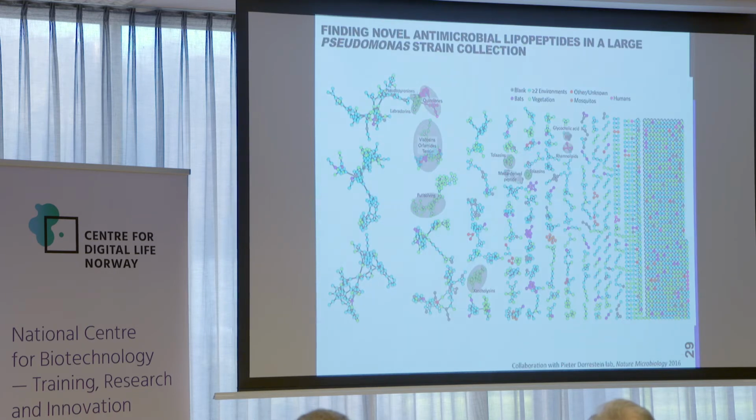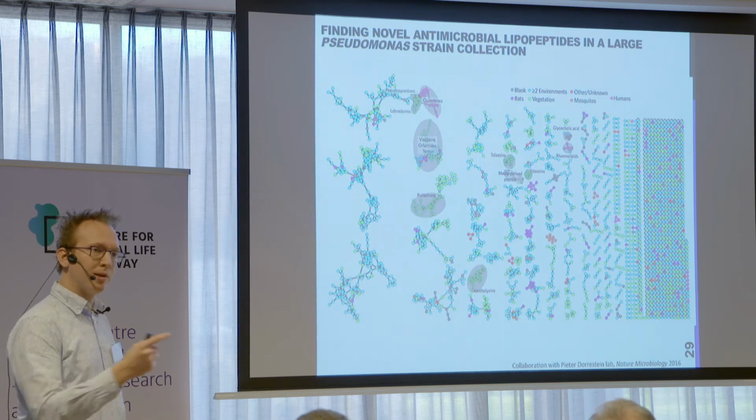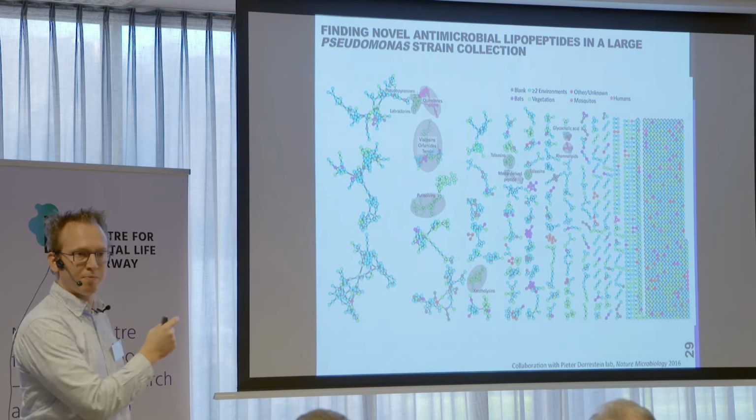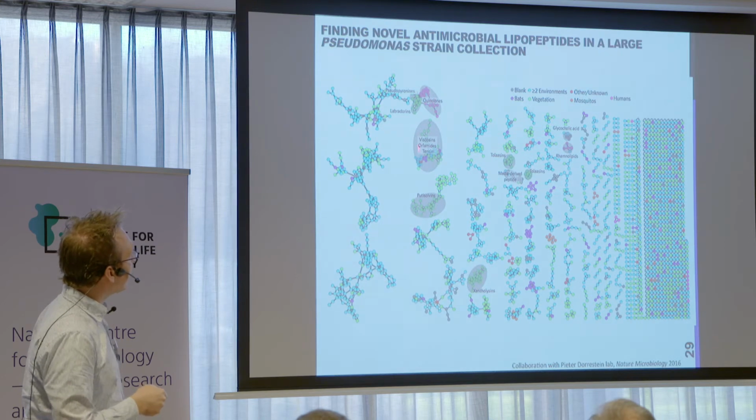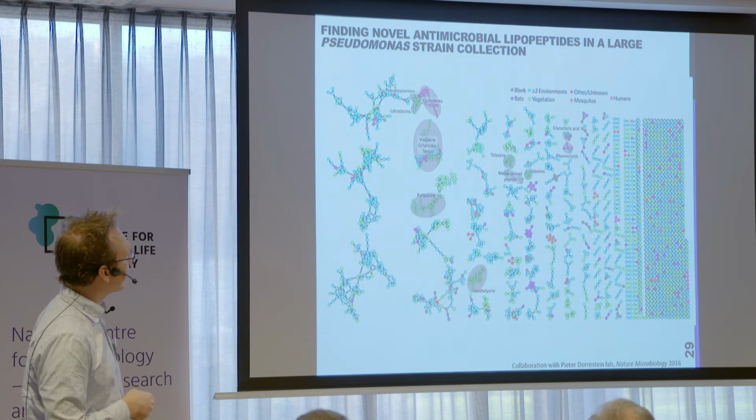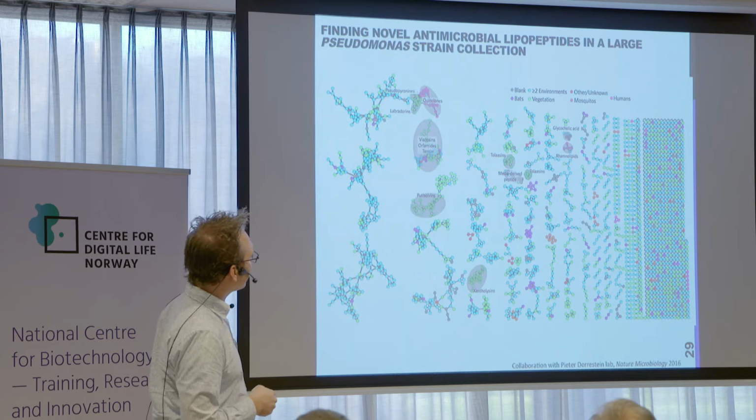And we've already shown together with the lab of Peter Dorrestein that you can use this information to link lots of basically molecules from large-scale metabolomic data to gene cluster families.